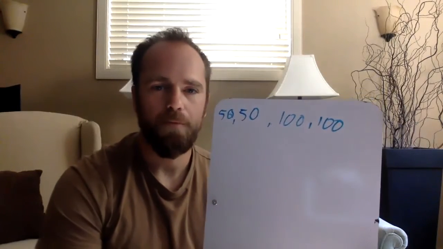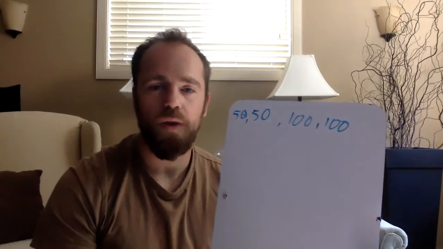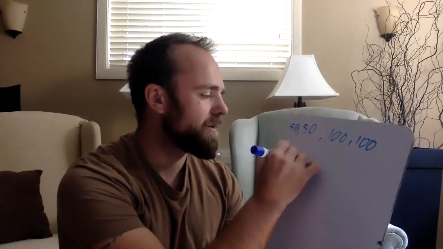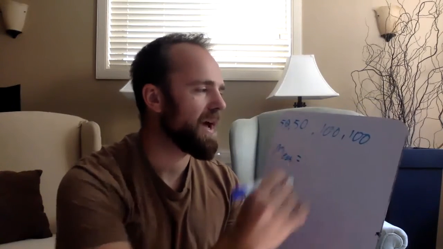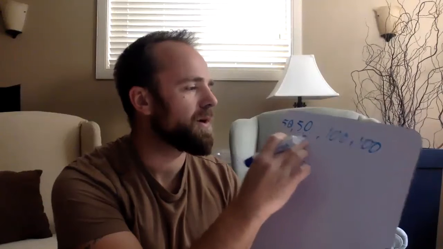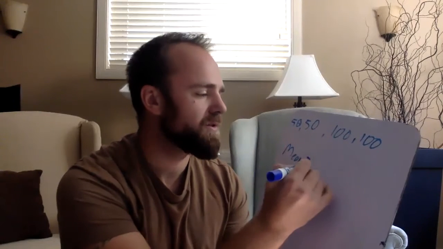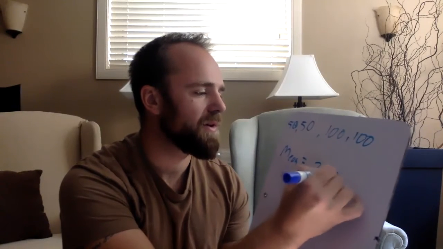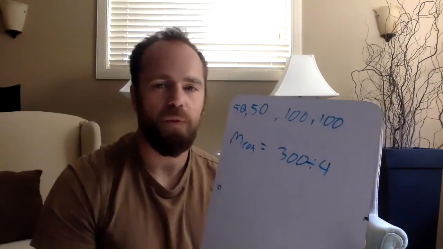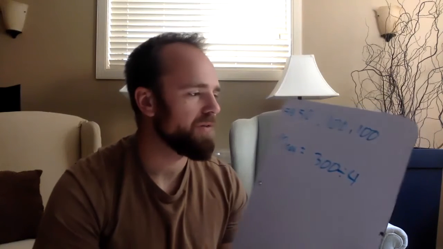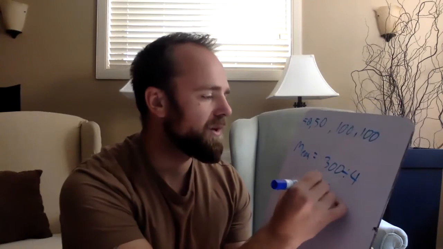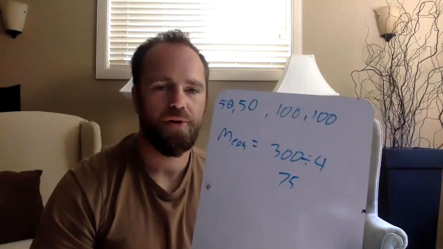The first thing I want to figure out is what is my mean, my average. I'm going to add them all together. So I have 50, 100, plus 100 is 200, plus another 100 is 300. So I have 300 divided by 4, which is going to give me 75%.